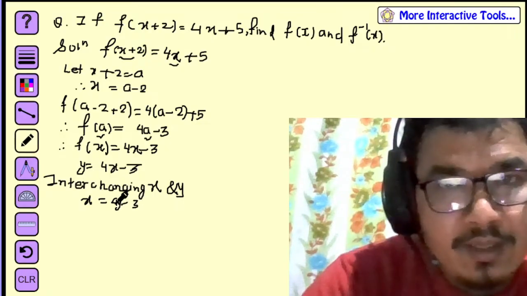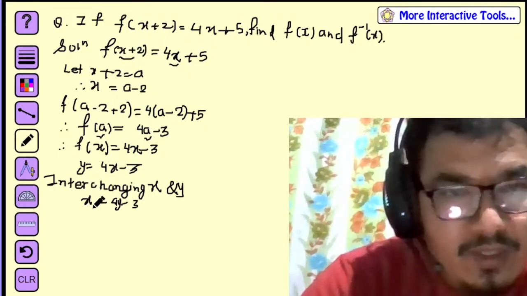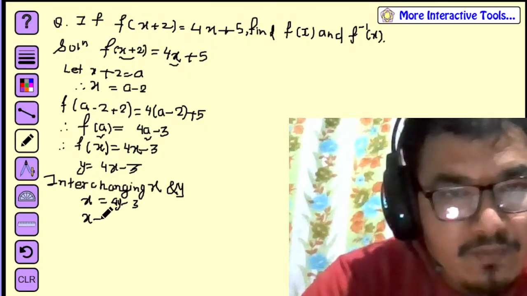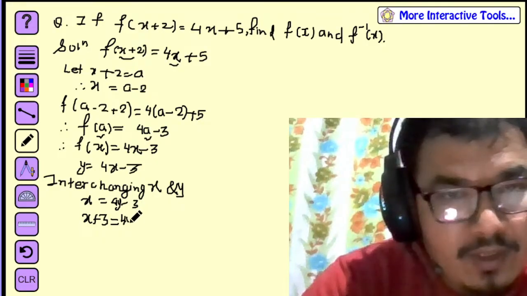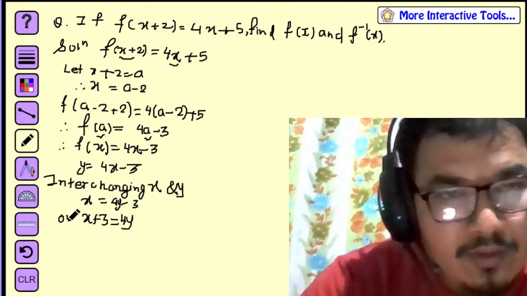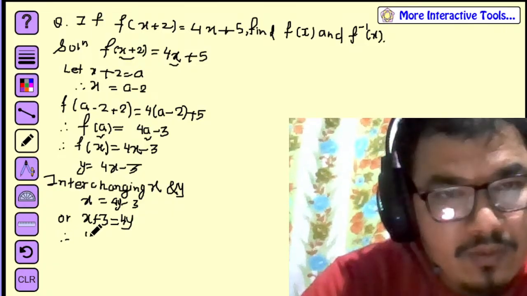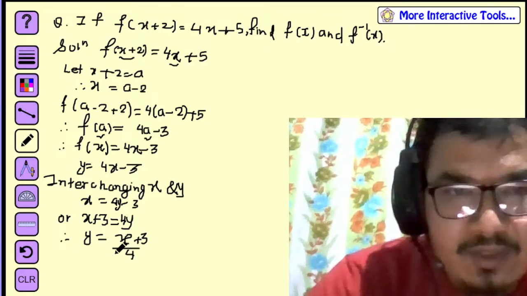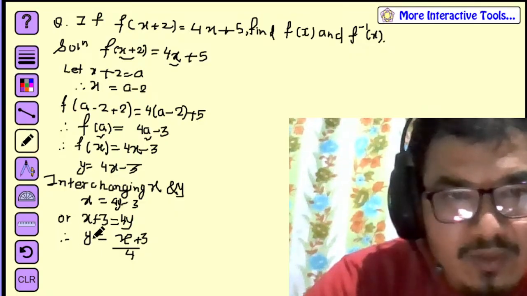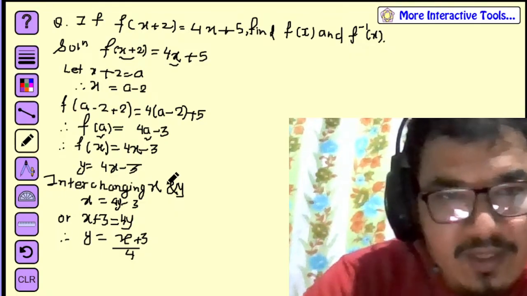Now we find the value of y again from this interchanged one: x plus 3 equals 4y. Therefore y equals x plus 3 divided by 4, which is the y function we get after interchanging x and y.